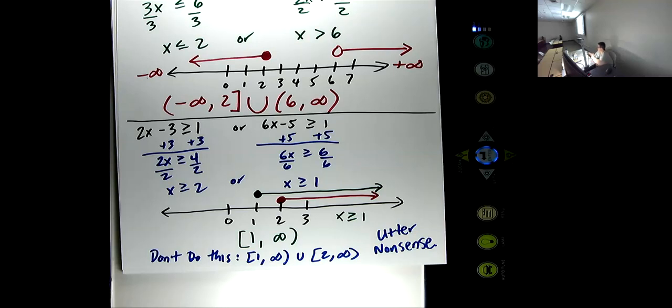It's like saying Professor Hefe is an awesome teacher and Professor Hefe is a teacher. If you say he's an awesome teacher, that's enough. You don't need to throw in just he's a teacher.